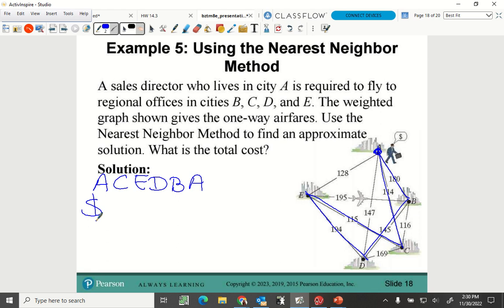So it's 114 plus 115 plus 194 plus 145 plus 180. What is it? 748? Okay. There we go. 748.